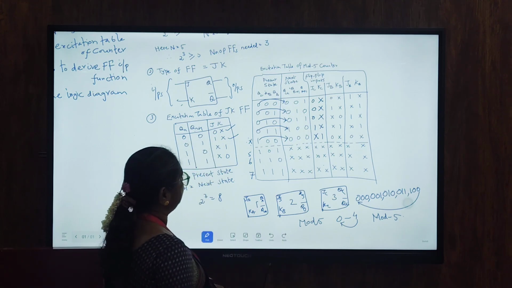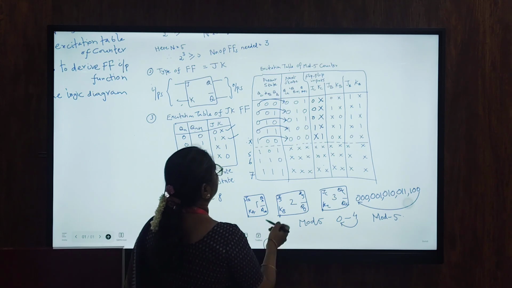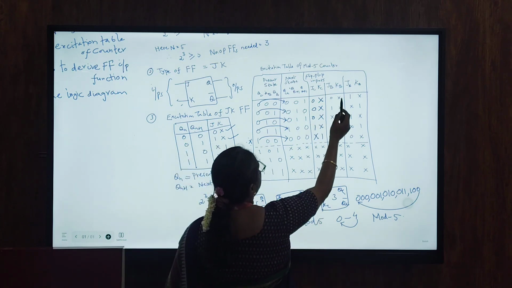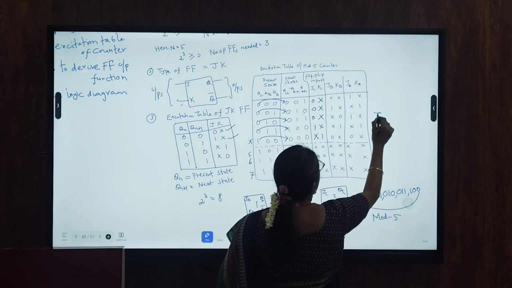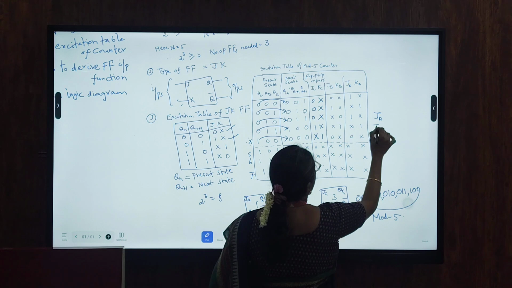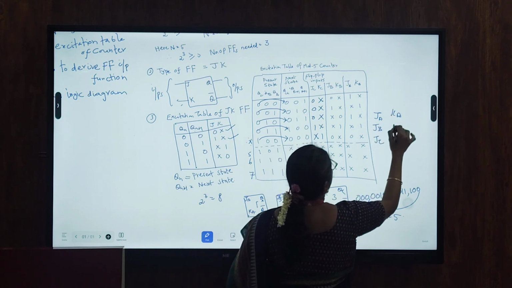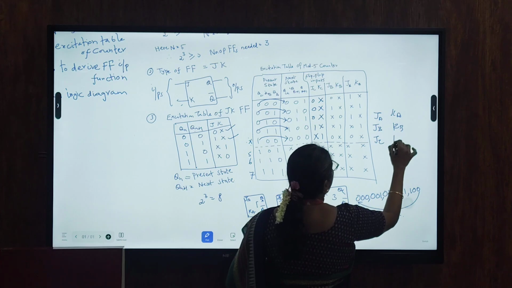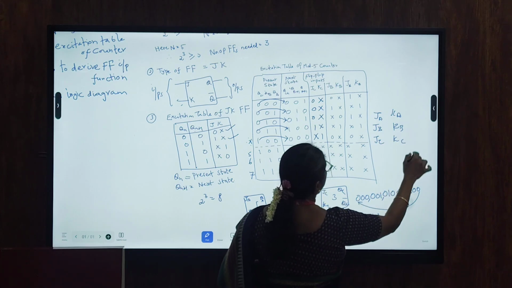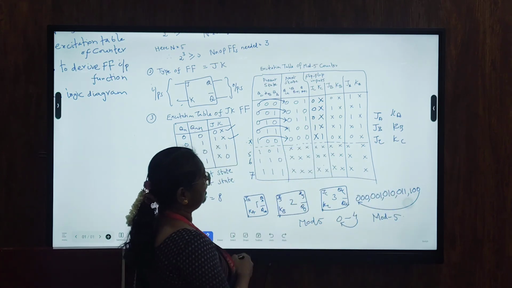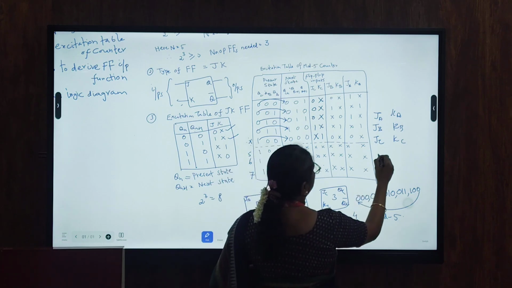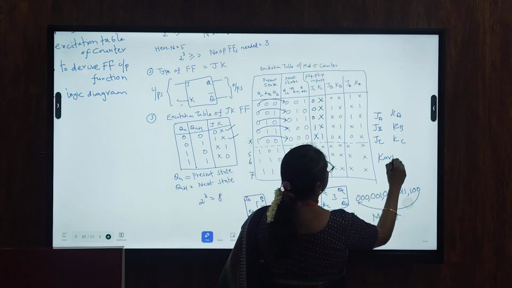The next procedure is to find out the Boolean equations for these inputs. That is, what is the value of JA, JB, JC, and similarly the Boolean equations for KA, KB, KC. How do we get these Boolean equations from the truth table? This is possible by means of the Karnaugh map.